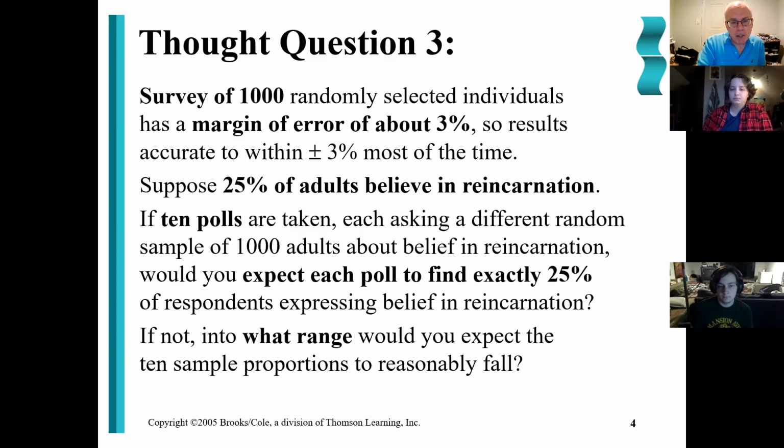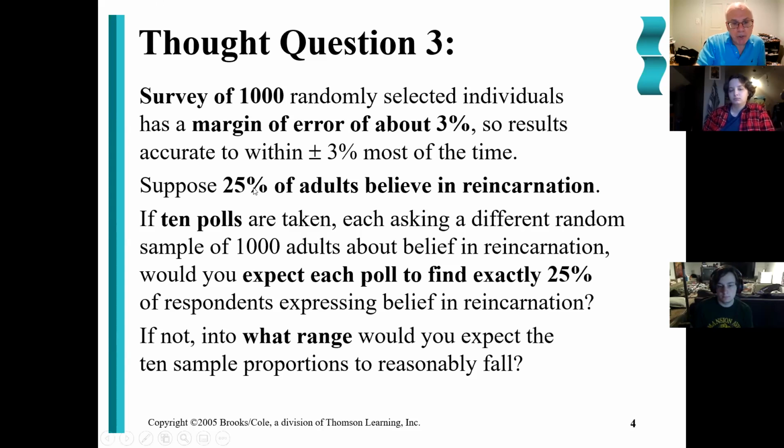So the margin of error is something that we add and subtract from the result that we get to get a range of values. And typically we'll say we're 95% confident that the true value, the true population proportion, is somewhere inside that interval.